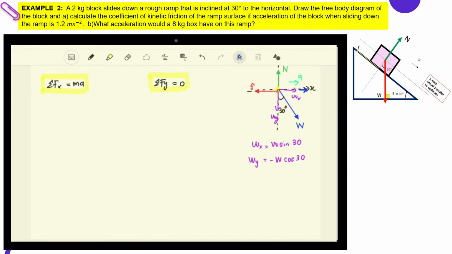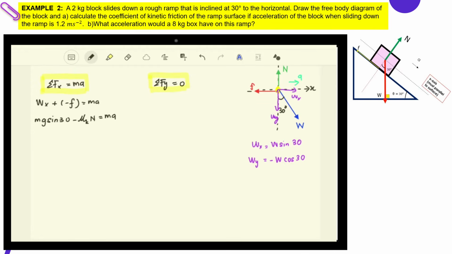Alright, so Wx is to the right, so friction is in the opposite direction. So now we write Wx plus negative friction because it is opposite to the direction of the motion. Friction bertentangan dengan direction of acceleration. So Wx, which is mg sine 30, minus friction, which is mu k N, is equal to ma.